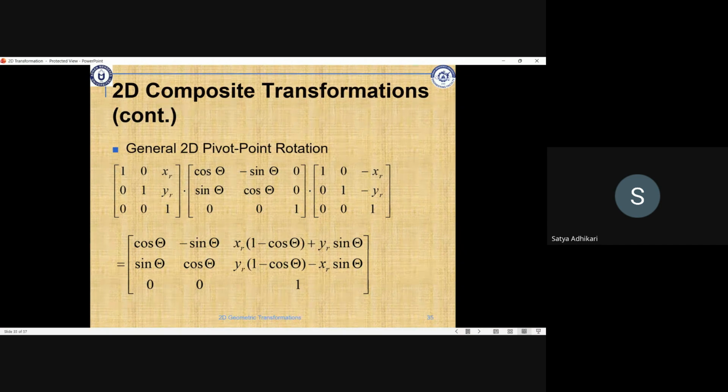If we represent the same thing in matrix form, first is the translation matrix, second is the rotation matrix, and third, most importantly, is the inverse translation matrix. You see minus xr and minus yr are there.